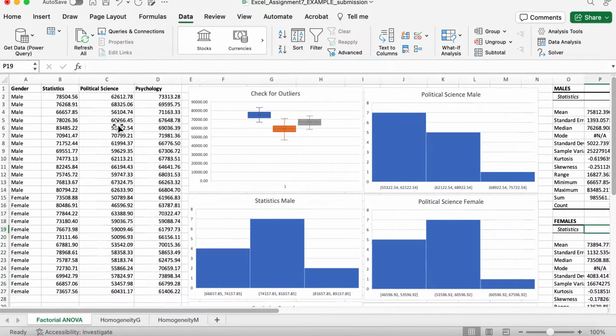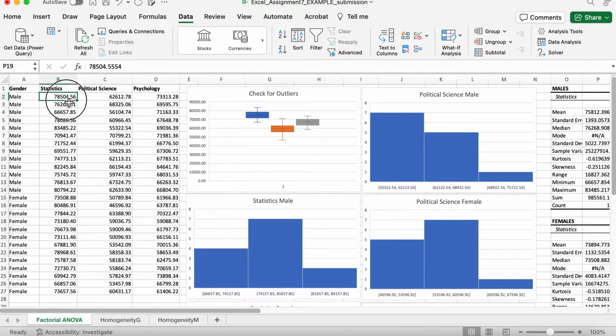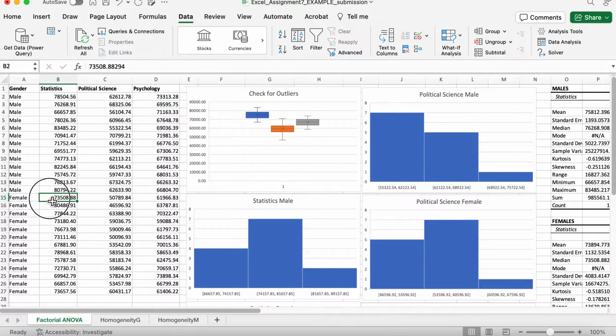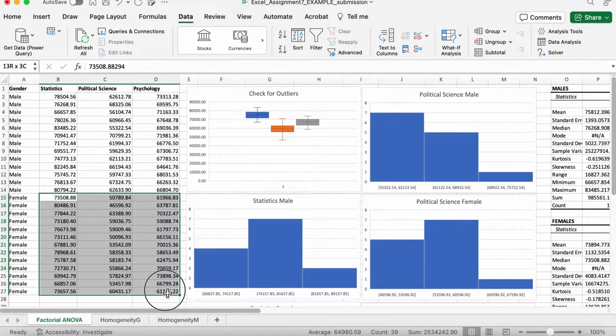This is going to equate to 6 different groups, okay? So we have 3 groups that are male with these 3 majors, and 3 groups, all female, of the same majors.